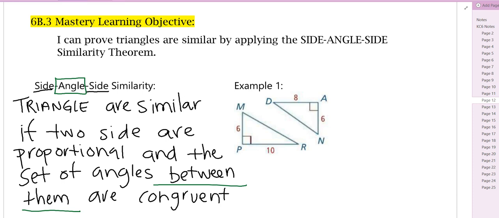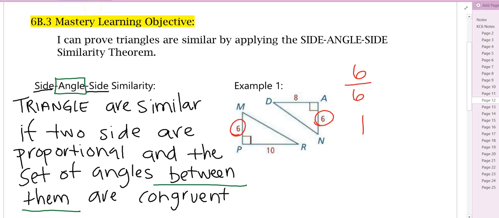So what I'm going to go ahead and label first is I'm just going to try to see if my sides are proportional. So I'm going to find my small side here, which would be 6, and I'm going to put that over my small side over here, which is also 6. 6 over 6 simplifies to 1. All right, so that's one side.